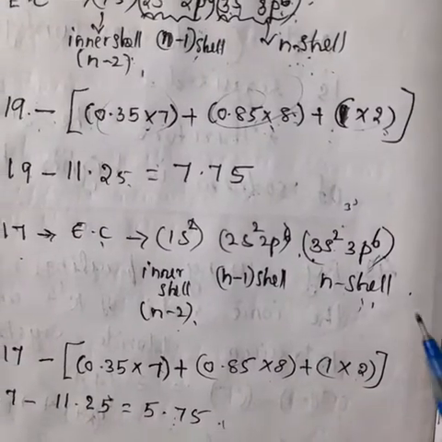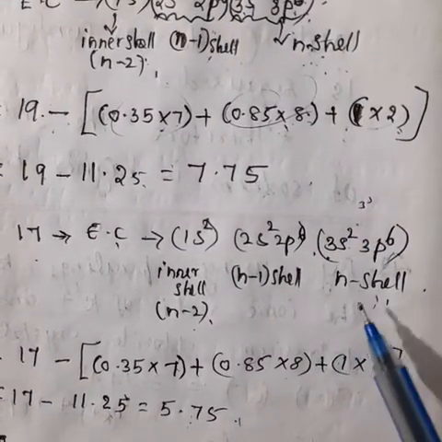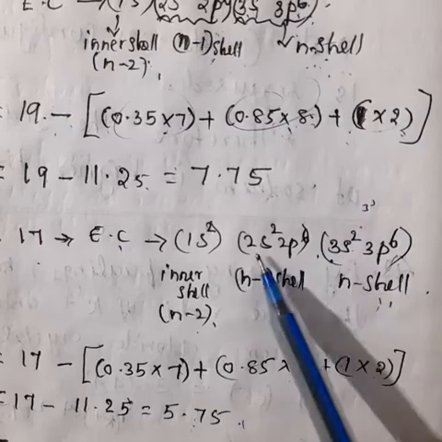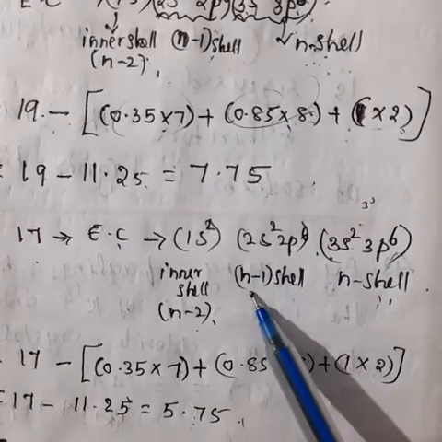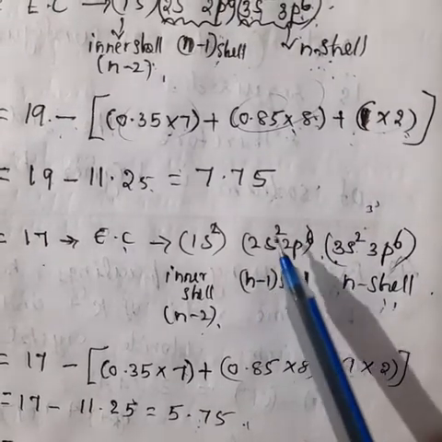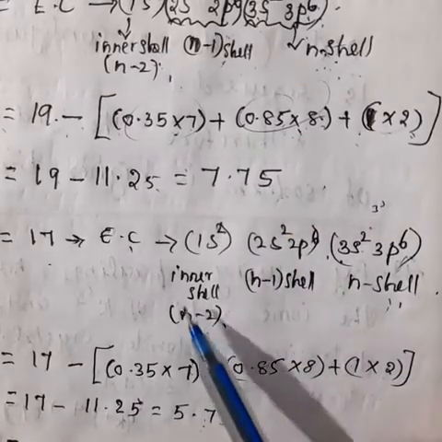This is a stable configuration. Understood. So this last orbit we take as the n shell, before the last orbit, that is the penultimate shell, we take as the n minus 1 shell, and the inner shell we take as the n minus 2 shell.